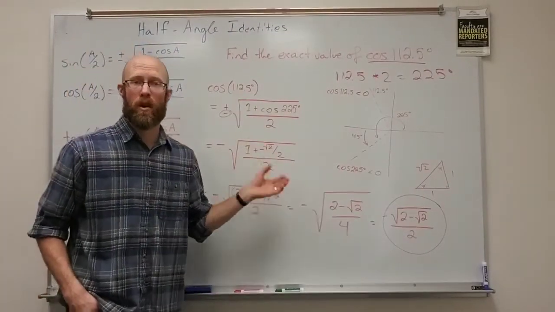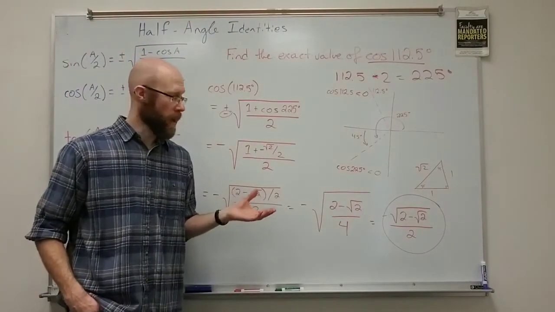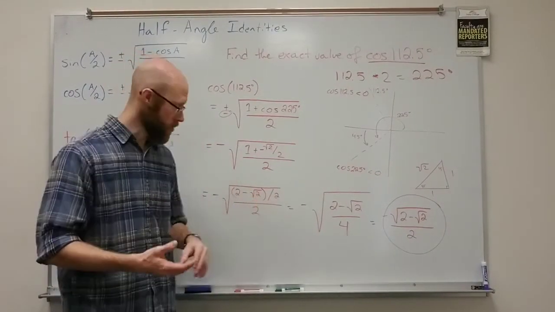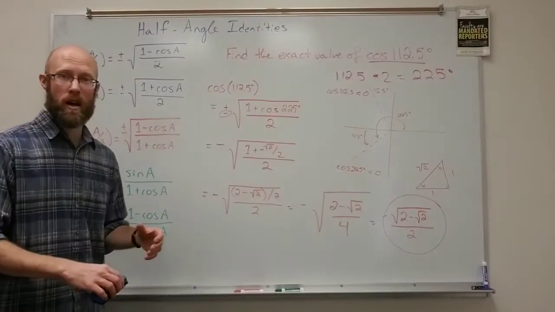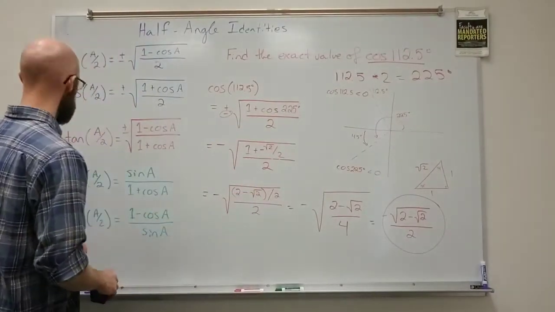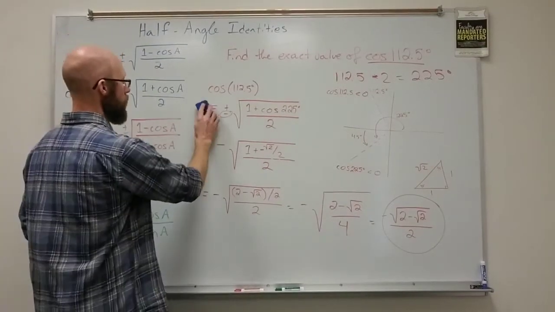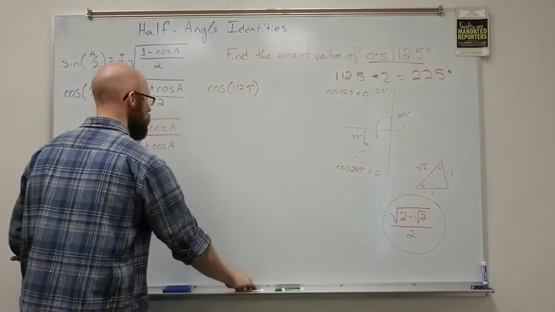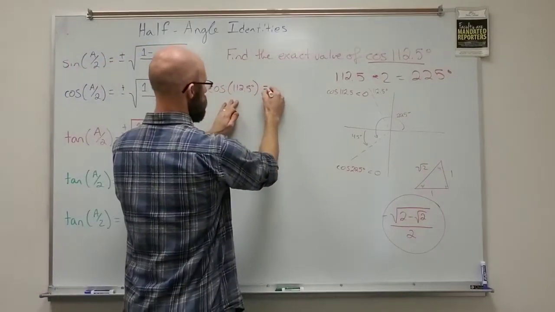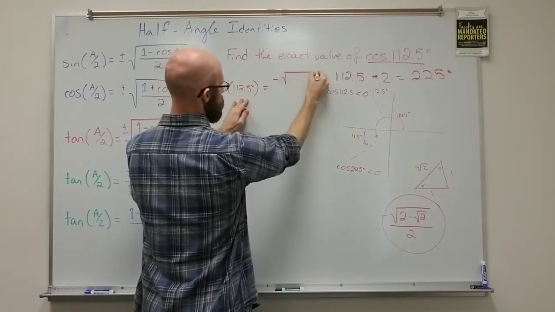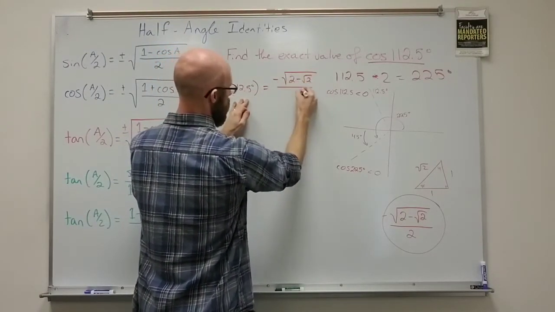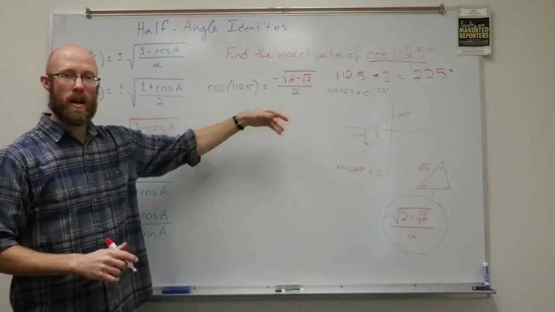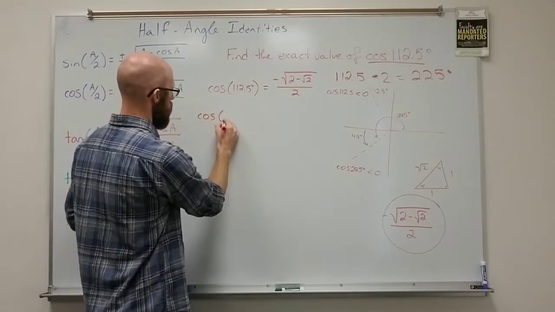We can do a similar process now for any angle. What's kind of interesting is I can nest these things. I can repeatedly apply these formulas. So, to give you an example of that, if I know that the cosine of 112.5 is negative square root of 2 minus root 2 all over 2, that's an exact value, then I can take this and find the cosine of half of that angle.